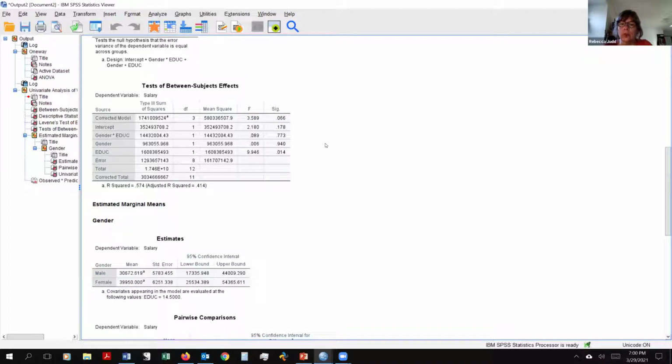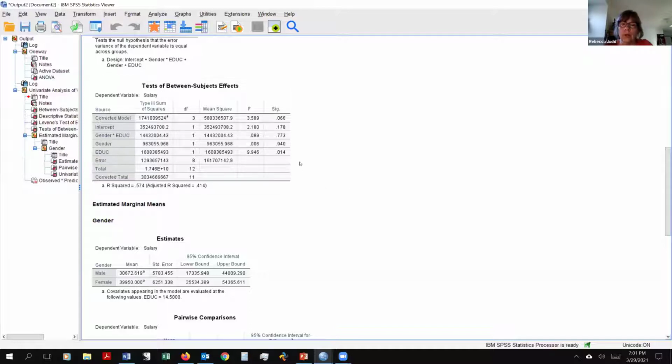This tells us where our significance is, if there's going to be any. We look at the interaction between gender and education, and it's not significant. We look at just gender and salary, the relationship between gender and salary. It is significant. Education and salary is not significant.